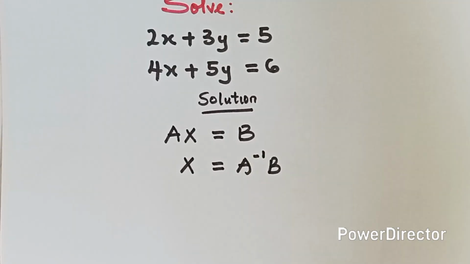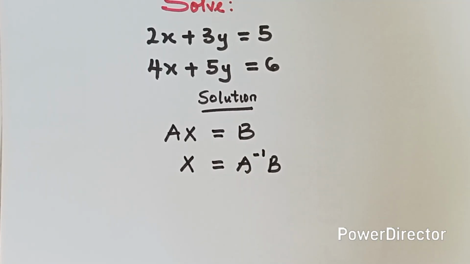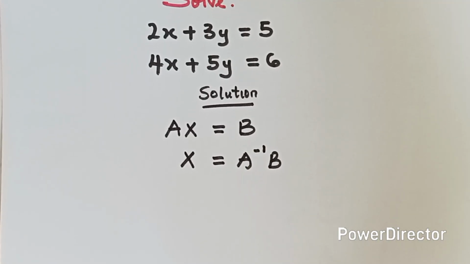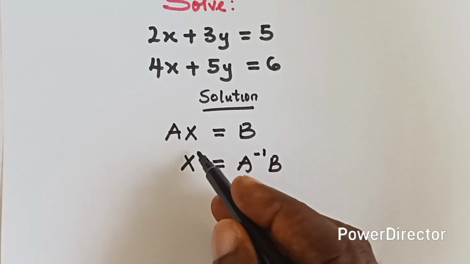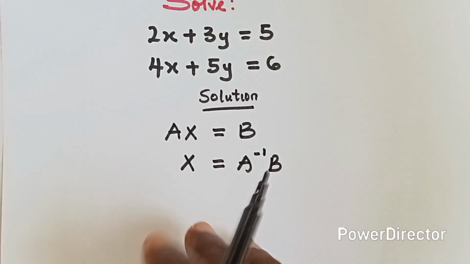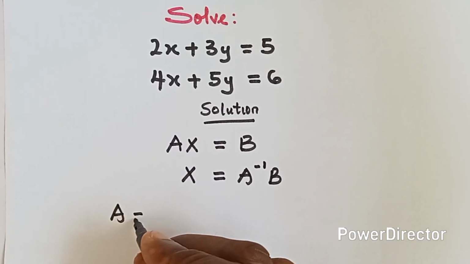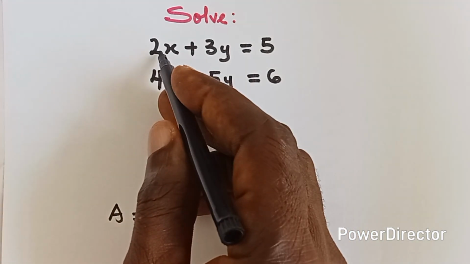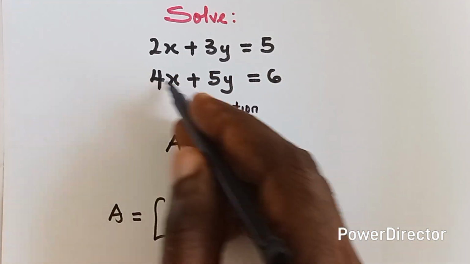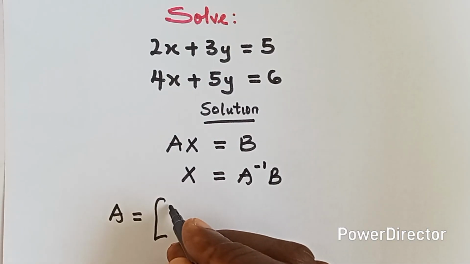Now we are going to need that. Take note of those two equations that I gave. Now, what is A, what is X, and what is B? From the simultaneous equation that we have, our A is 2, 4, 3, 5. They are the coefficients of the variables, in that order.